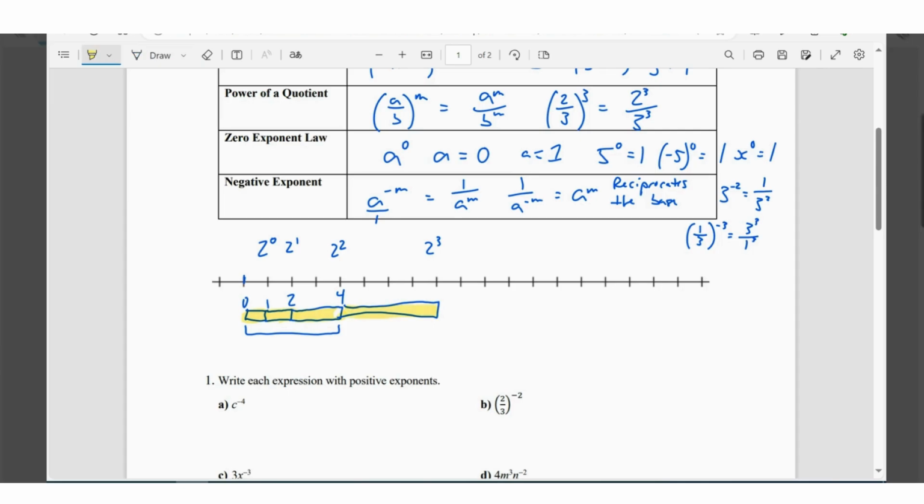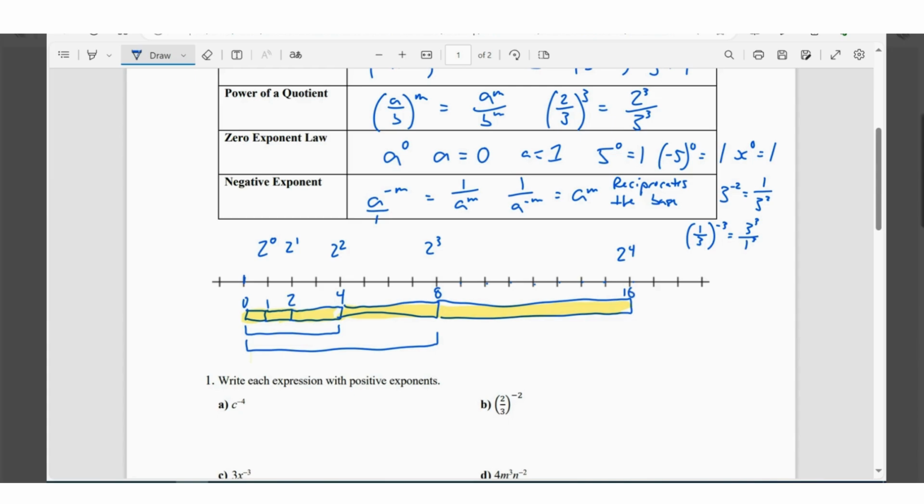And now we're at 8. We could go again. I think we have enough space. 9, 10, 11, 12, 13, 14, 15, 16. So let's double it, and we're at 2 to the power of 4. And that whole thing is 16.